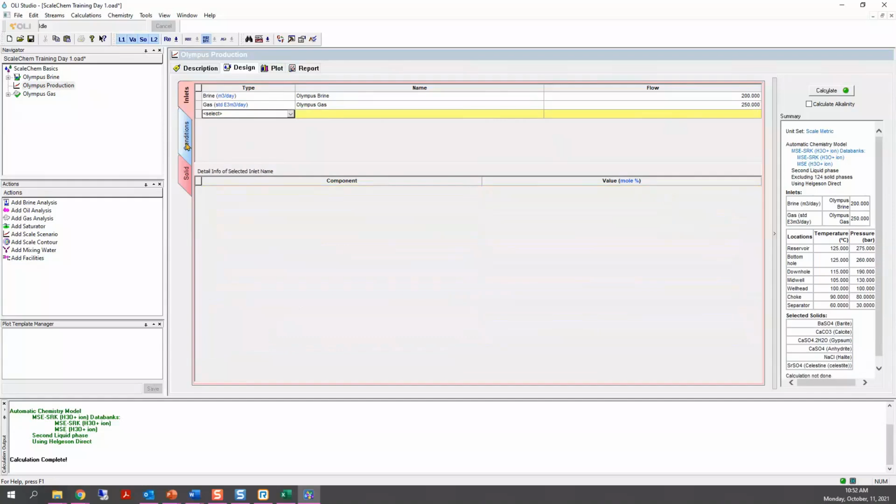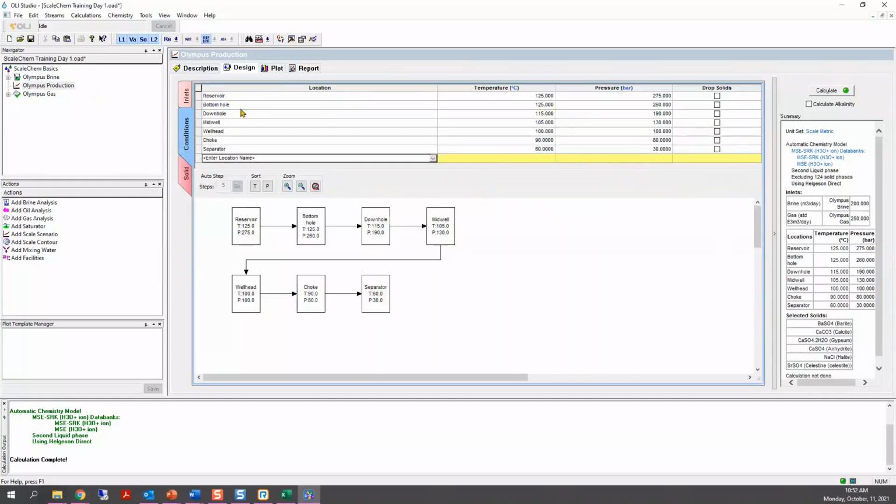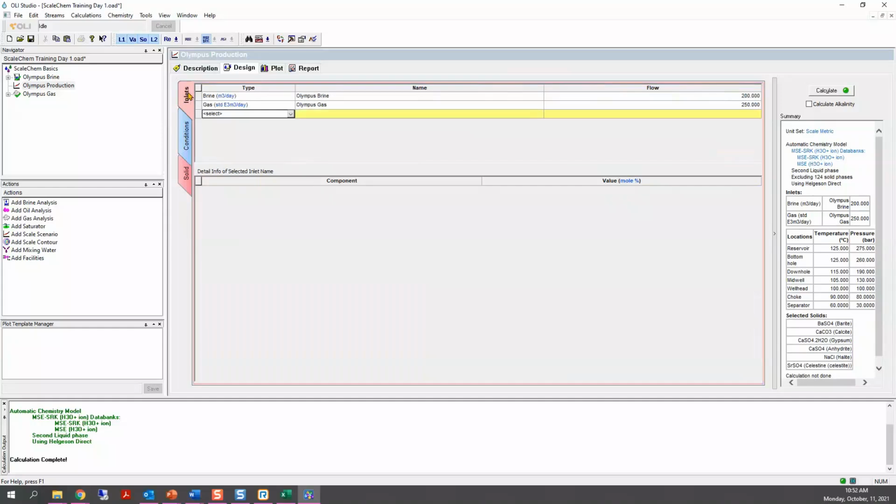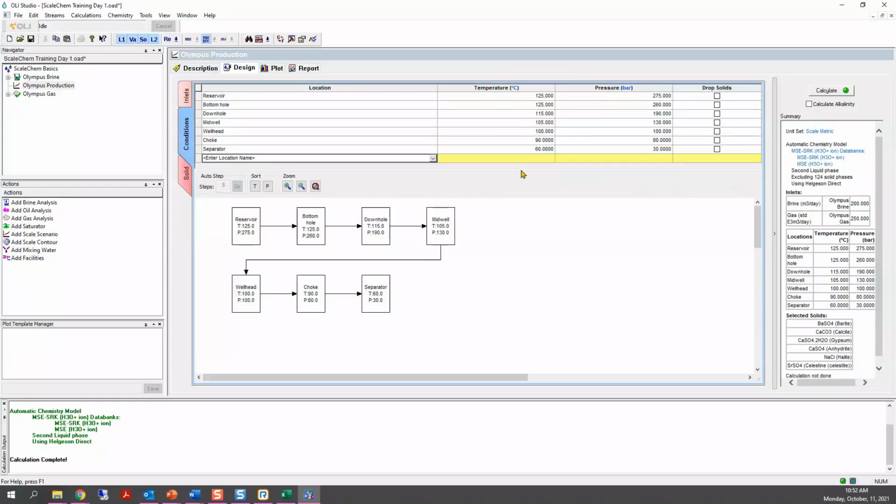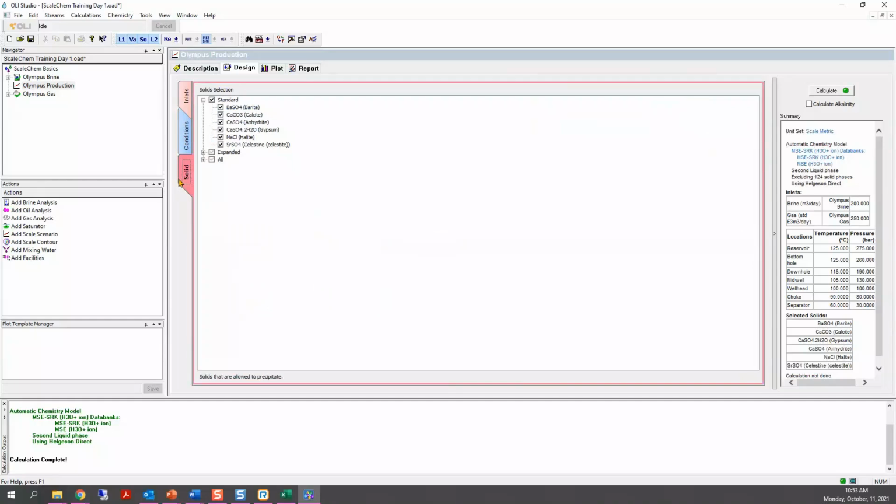So we go to conditions again. We have already entered this production, the 250. Okay. And in conditions, we don't have to change anything here. Everything remains the same. For solids, make sure that you select the standard solids and then go ahead and calculate.